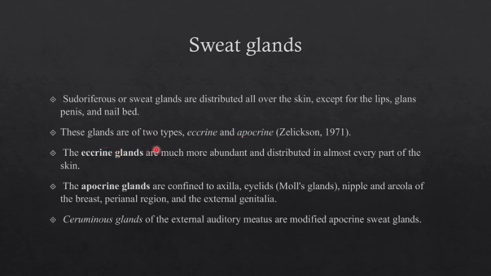These glands are of two types, eccrine and apocrine glands. Eccrine glands are much more abundant and distributed in almost every part of the skin.